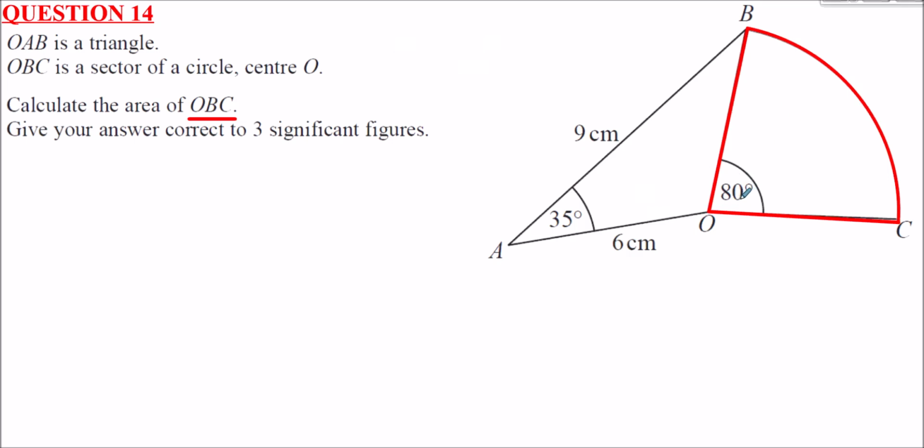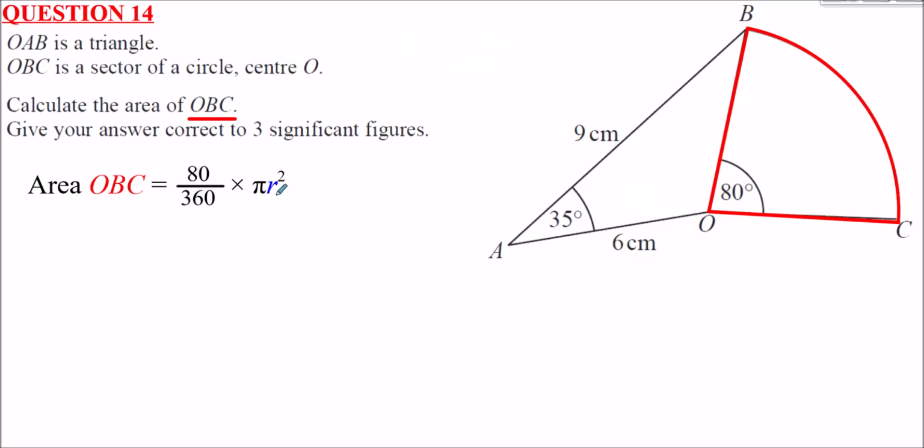So consider a sector as a fraction of a full circle. This one is 80 out of 360 of a full circle. So the area of OBC, relating to the radius which we don't yet know, has this formula here. Its area is this fraction of the full pi r squared.